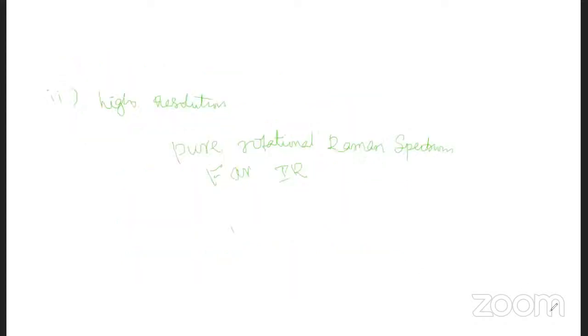Under high resolution, the exciting line is found to have lines on both sides, close and approximately equidistant. This is the pure rotational Raman spectrum. The separation between successive lines is in the far infrared spectrum of the molecule.